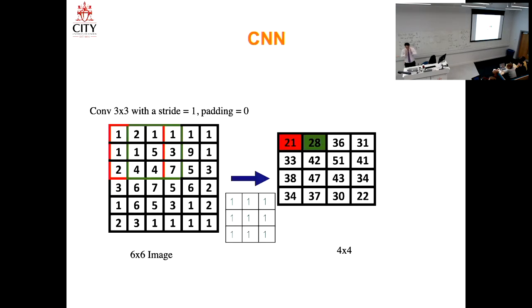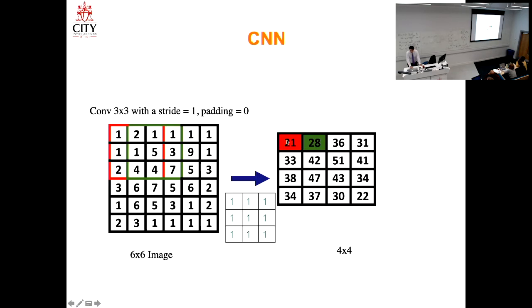So now let's look at two concepts called stride and padding. So here you have an image. You have a 6 by 6 image here, and you have a 3 by 3 kernel. So if you multiply this kernel in this area, what will you get? 1 times 1 plus 2 times 1 plus 1 times 1 plus 1 times 1 and so on.